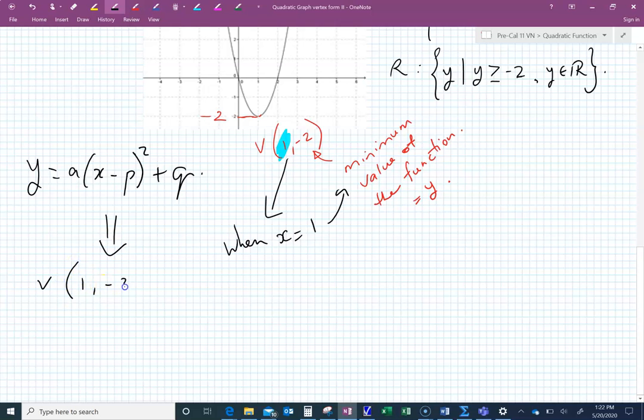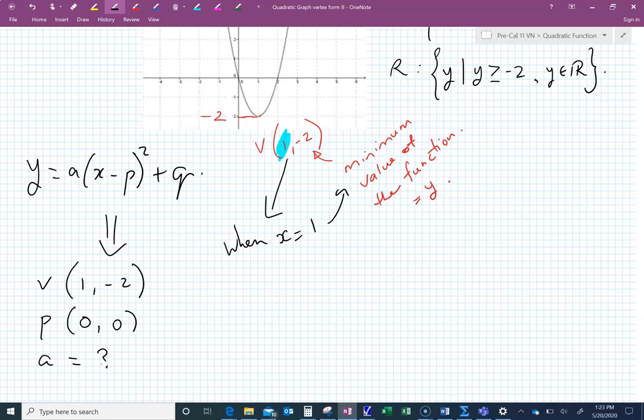We have the vertex (1, -2). We also know at least one point on the graph, so choose a good one. This (0, 0) is a good one right there. The only thing we don't have to complete this is the expansion and compression factor a, and that's okay.